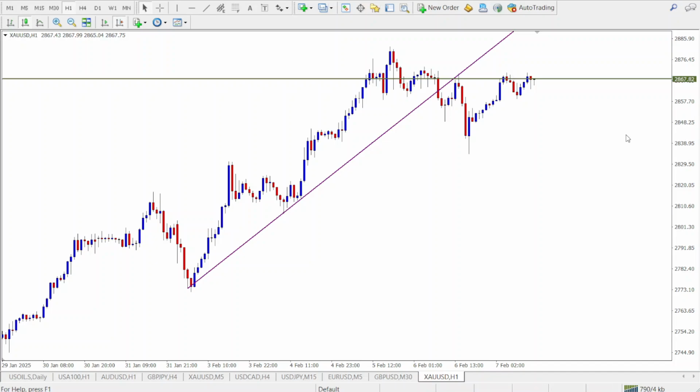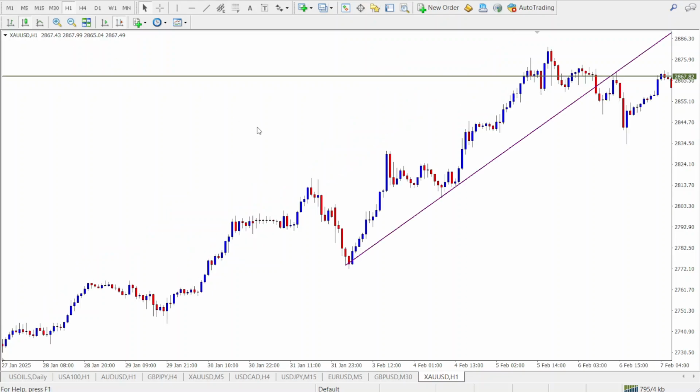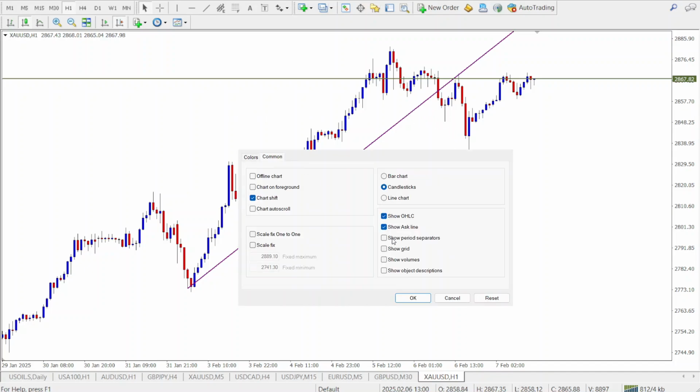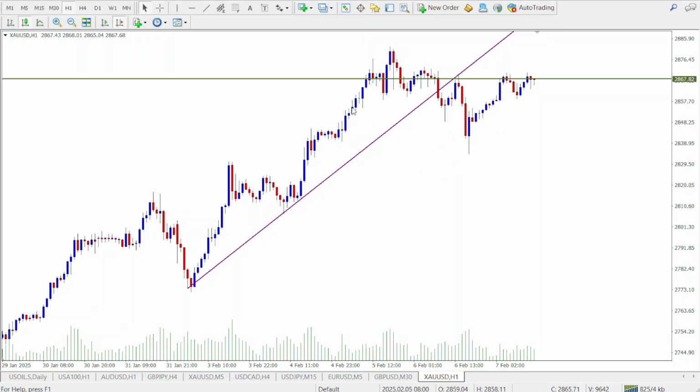And then finally, volume confirmation. Another thing to watch is volume spikes at reversal points. If you come to properties, you can just decide to show volumes.